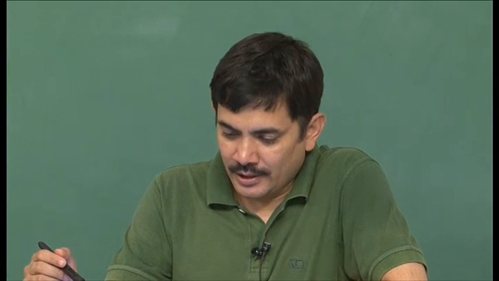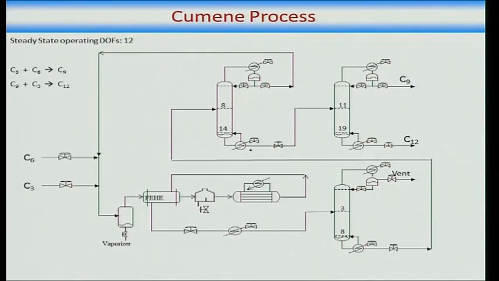Well, now if I look at the levels, the columns have got 6 drums, so 6 levels, and these have no steady state impact. Also, I would like to operate the columns at the given pressures. So, 3 column pressures which are given, 6 plus 3 is 9. Is there anything else? Yeah, there is a vaporizer level here, this also is just a surge level, it has got no steady state relevance.